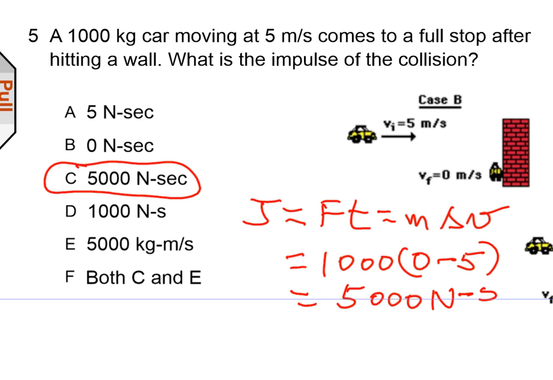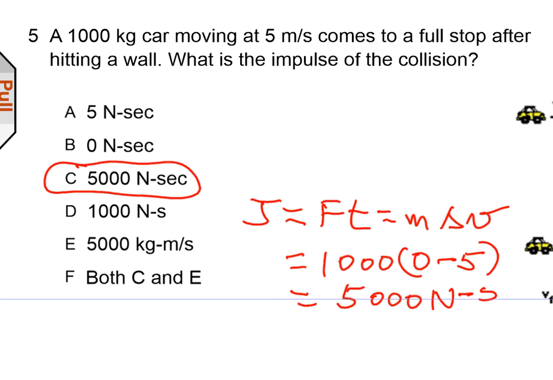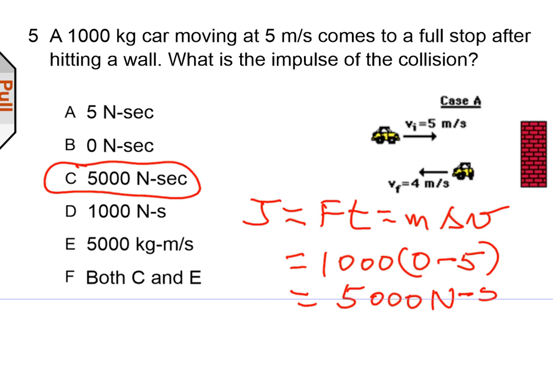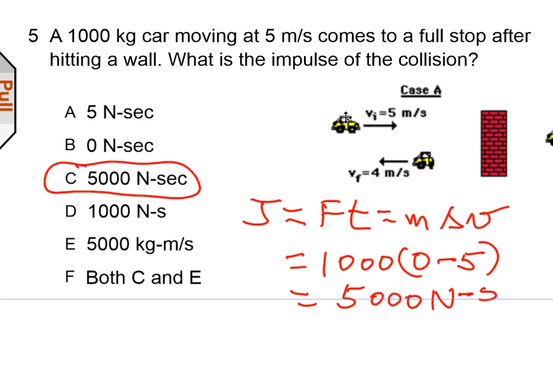But now let's assume that instead of the car hitting the wall and stopping, it actually bounces back. And let's calculate now the change in momentum. Well, the only difference between the problem we just did and this problem is that J, force times time, is equal to m delta v.